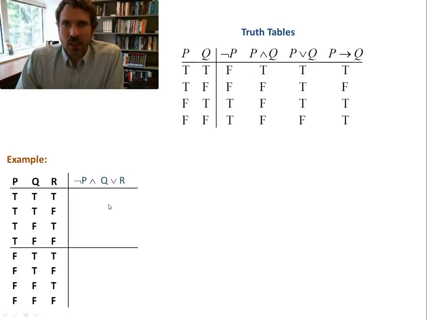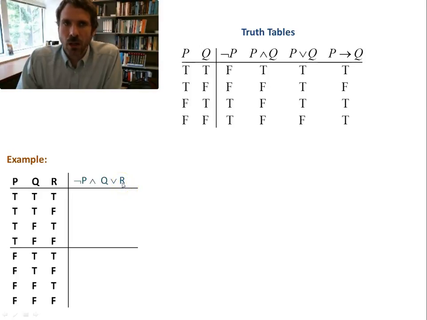Instead, it's really helpful to us if we look at this as a normal algebraic expression. And this again is where the analogy of and being multiplication and or being addition is useful. If we look at this as a term plus another term, what we see here is that this entire expression is going to be true when the whole left-hand side term is true, or when the right-hand side term is true.